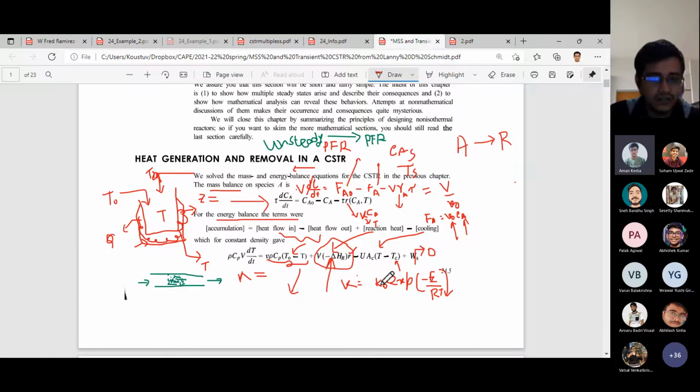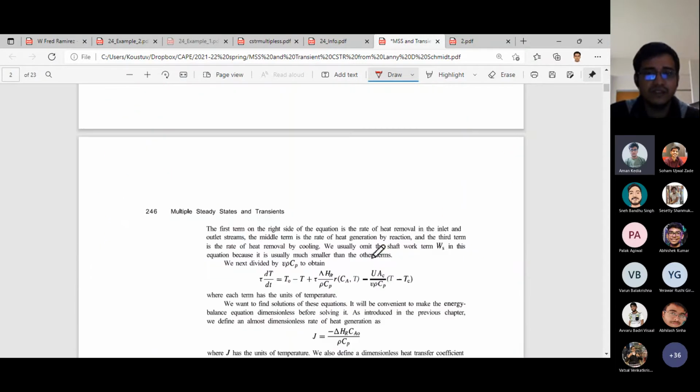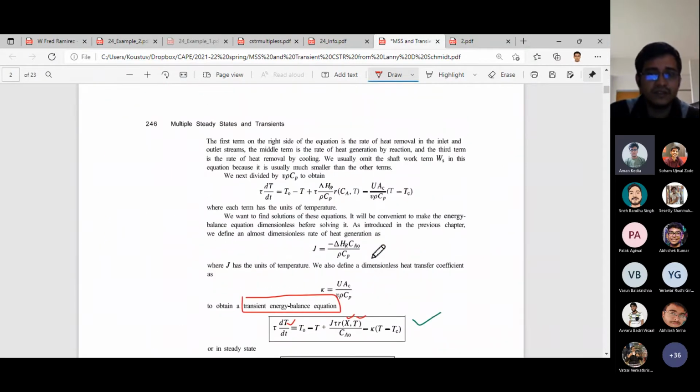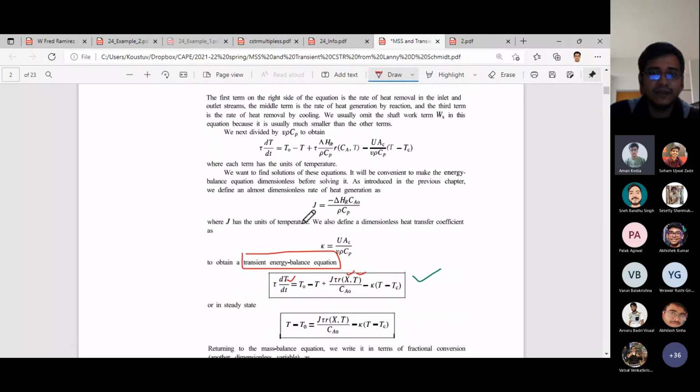So these two equations lead us to the further steps. We have done some simplifications, dividing by rho, V, Cp, etc., to introduce two different terms, because our intention is mainly to characterize the steady state, but we are gradually proceeding towards it.